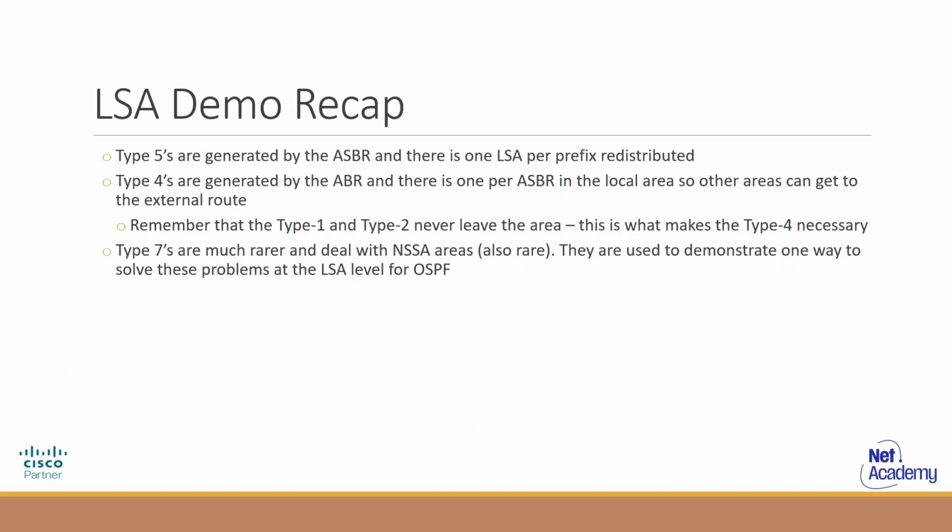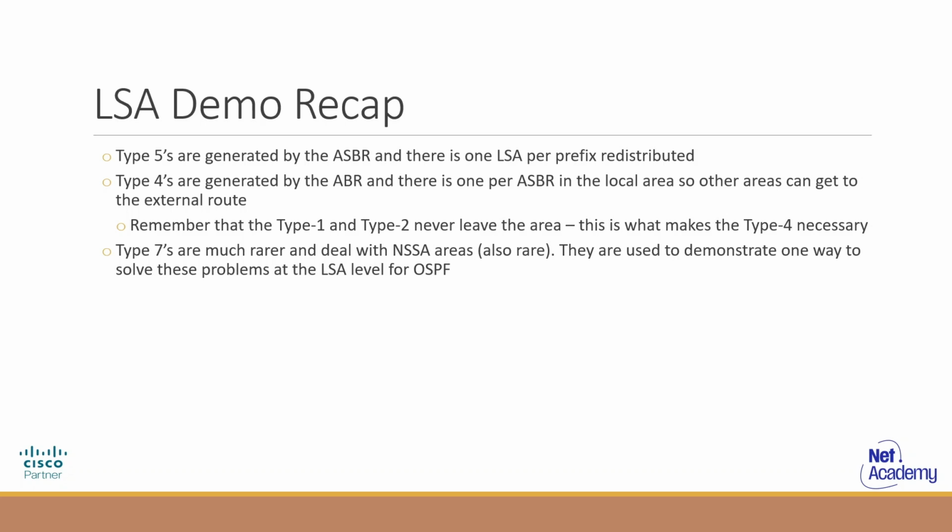So our type 5s, they're generated on the ASBR. There's one LSA per prefix that's redistributed. Our type 4s are generated on the ABR, and there is one per ASBR in that local area that's doing the redistribution.